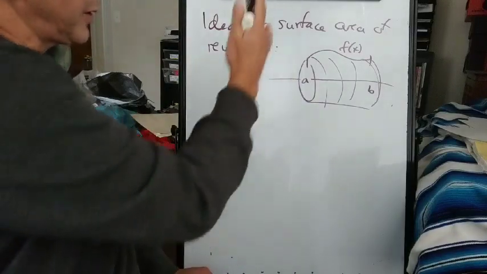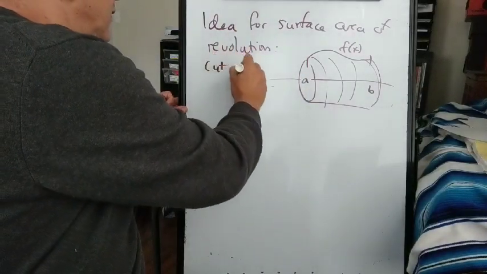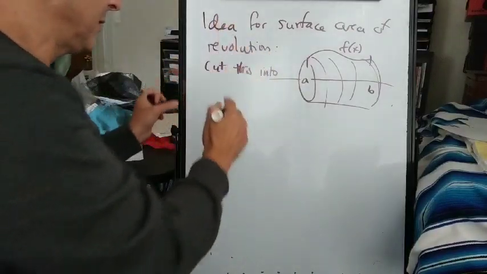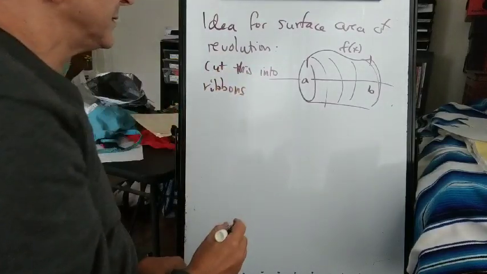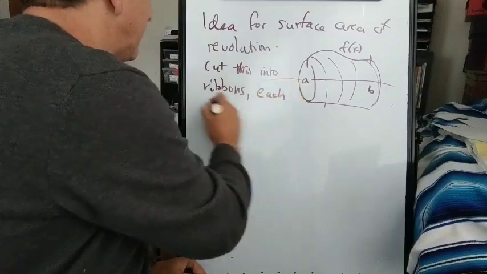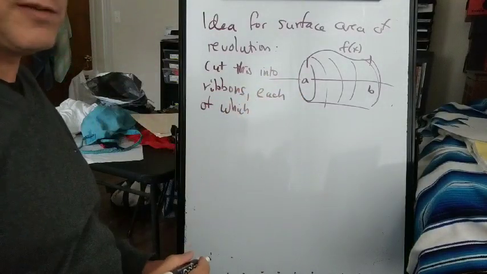And that is that we'll cut this into strips. Maybe we could call them ribbons. And each thin ribbon is basically the side of a cylinder.